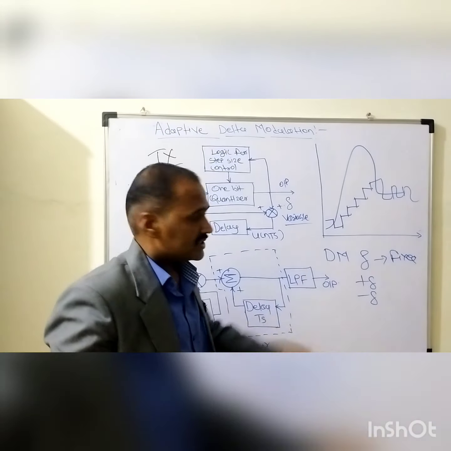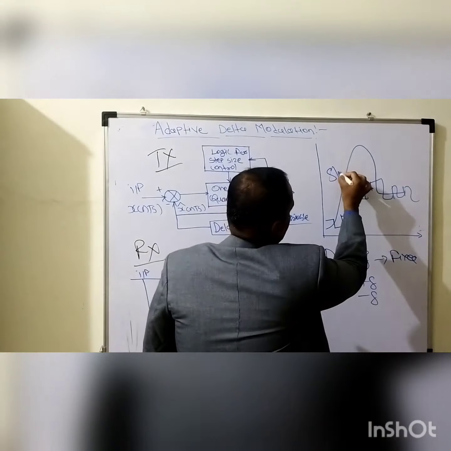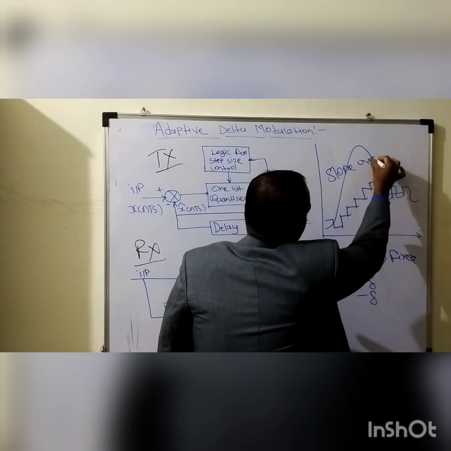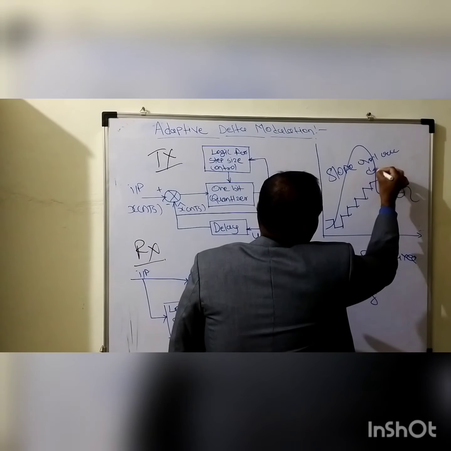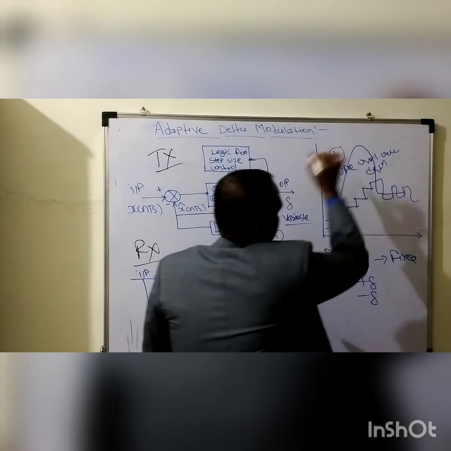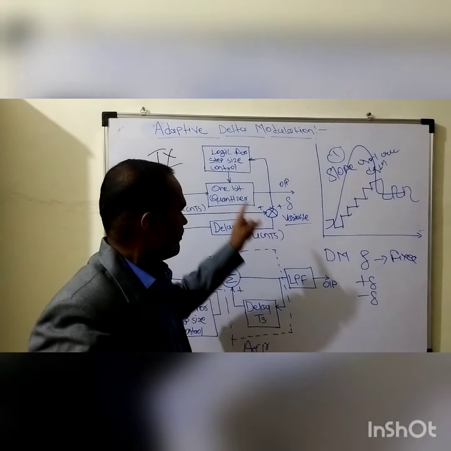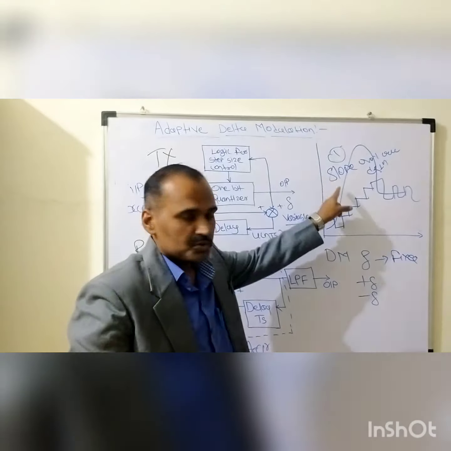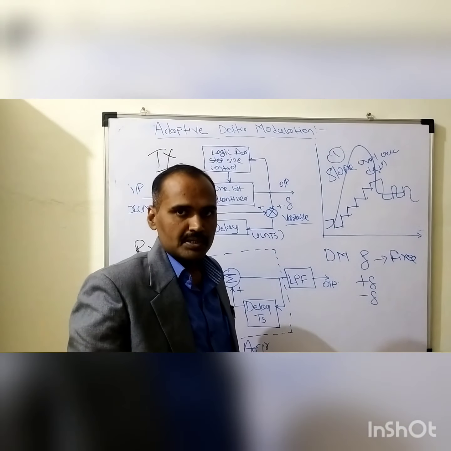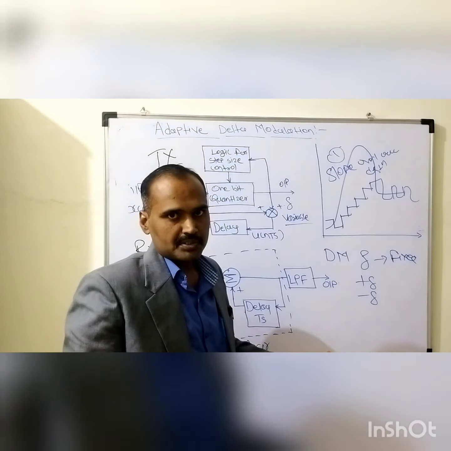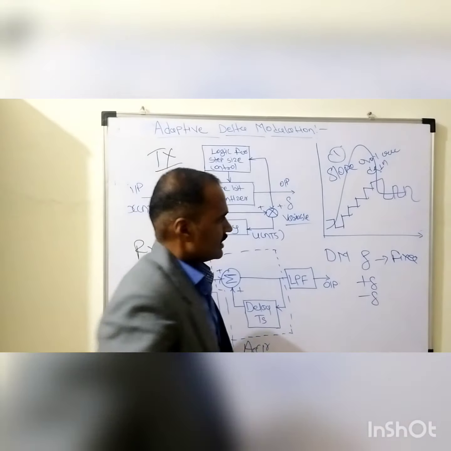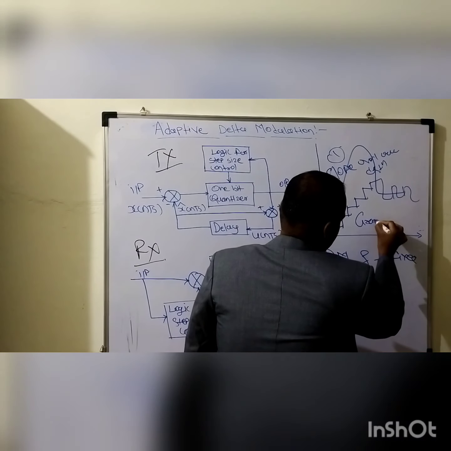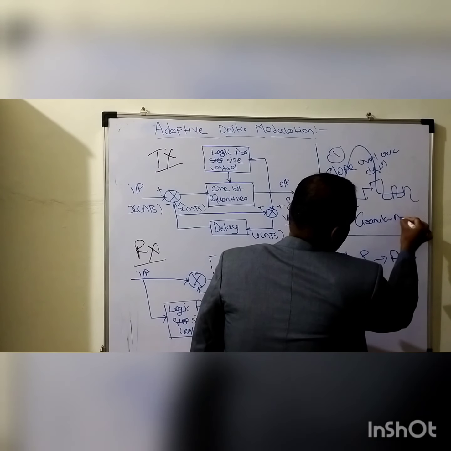Such distortion is called slope overload distortion, right? This is the first reason why we are going for adaptive delta modulation. So the first type of distortion which occurs in delta modulation is slope overload distortion. Then another distortion is called granular noise.